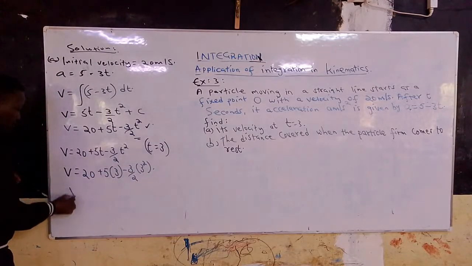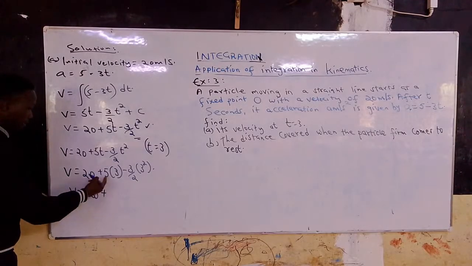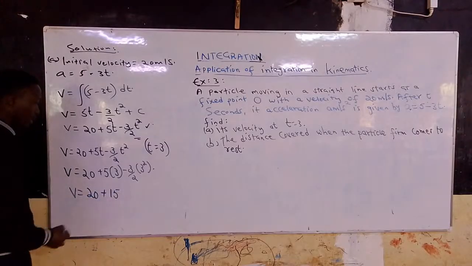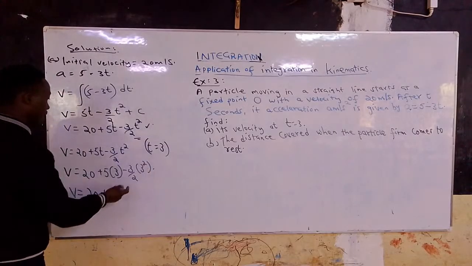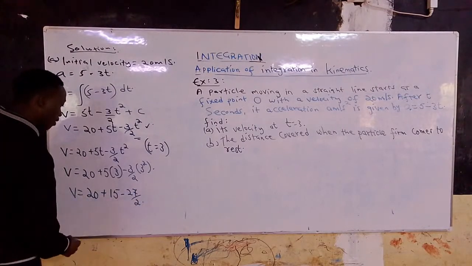By doing that, we will have velocity as 20 plus 5 times 3, which is equal to 15. Then 3 squared is 9. 9 times 3 is 27. That will be 27 over 2.